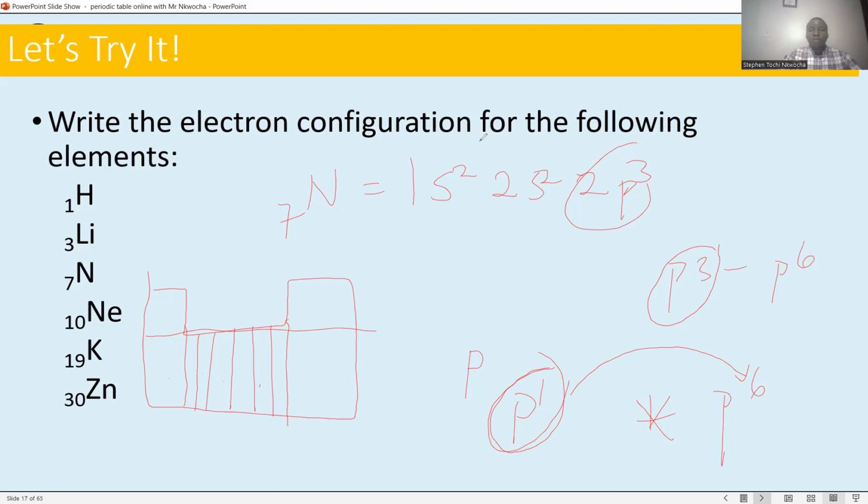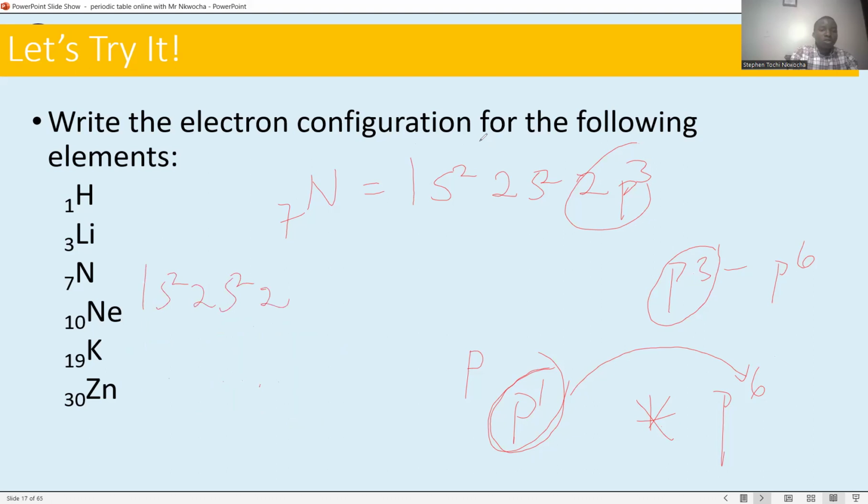Let me give an illustration: 1s2, 2s2, 2p1. Mr. Nkwocha has already told us that the moment it is S1 or S2, it is a metal. Now this one here is P1.